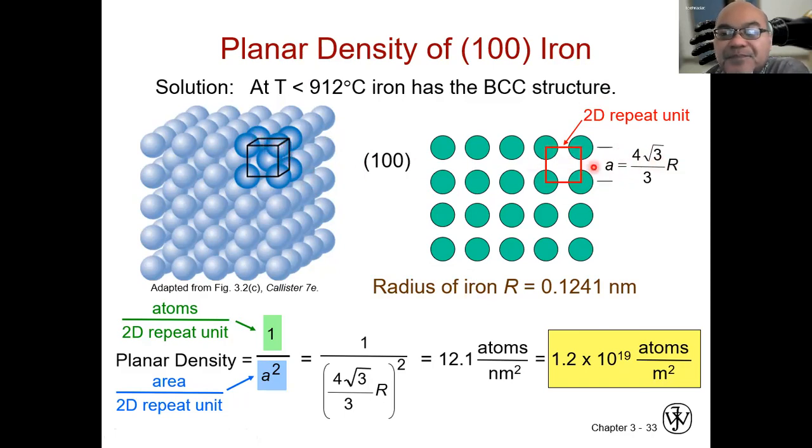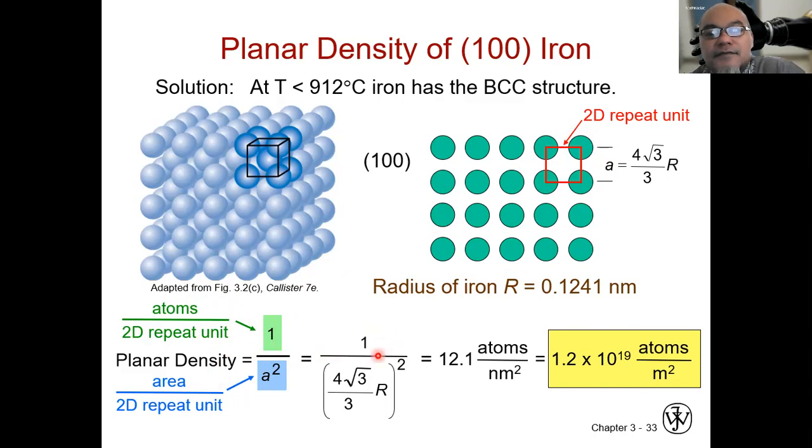So here a equals 4/3 times the square root of 3 times R. The radius of iron is known, usually from the periodic table, 0.1241 nanometer. The planar density at this 100 plane will be the number of atoms divided by the area. The area is a square.